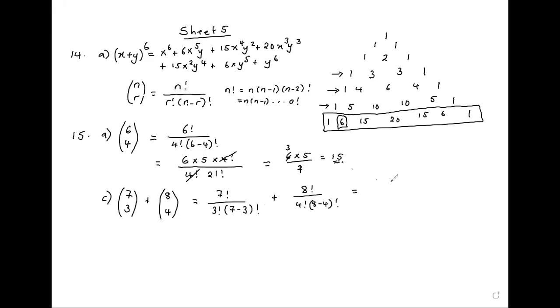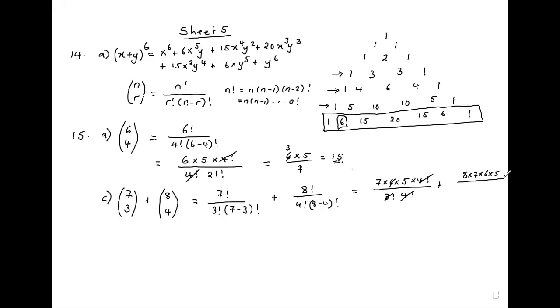So what I have is 7 by 6 by 5 by 4 factorial, because down here I have 7 minus 3, which is 4 factorial, to help me cancel that. And this 3 factorial will take away a 6. And then I have to add again, there is 8 by 7 by 6 by 5 by 4 factorial.